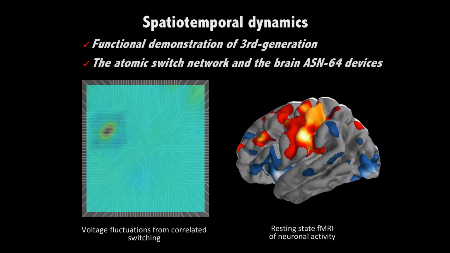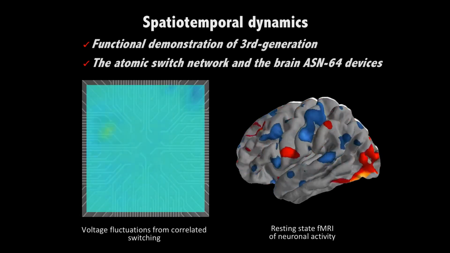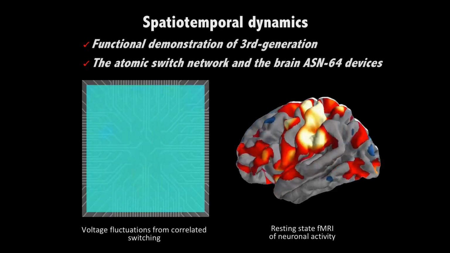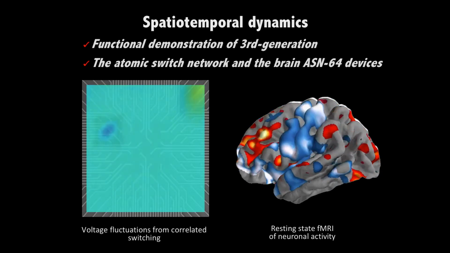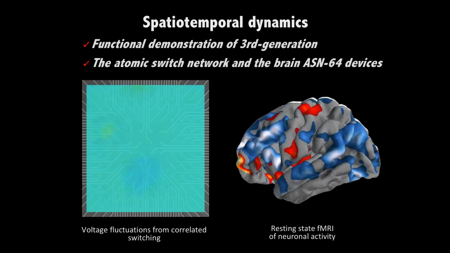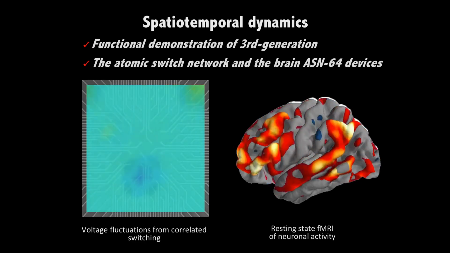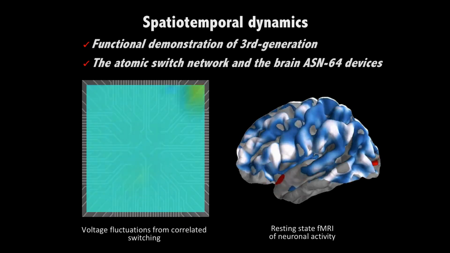And our work actually is to try to develop a machine that's completely imperfect, a type of computer that actually emulates the brain. And this is activity in the brain, resting state, fMRI, and this is our particular machine. And it never does the same thing.